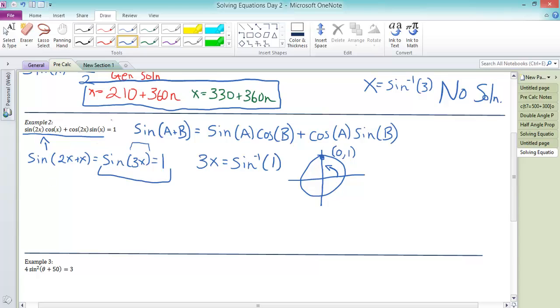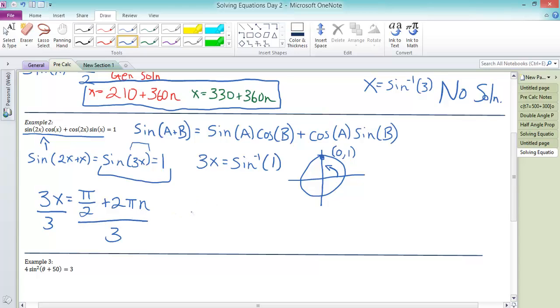So 3x is equal to pi over 2. Now, how do I get all the way around the circle in radians? Well, I add 2 pi n. So plus 2 pi n. Well, I am almost there, guys. All I need to do is get x by itself, so I divide both sides by 3.